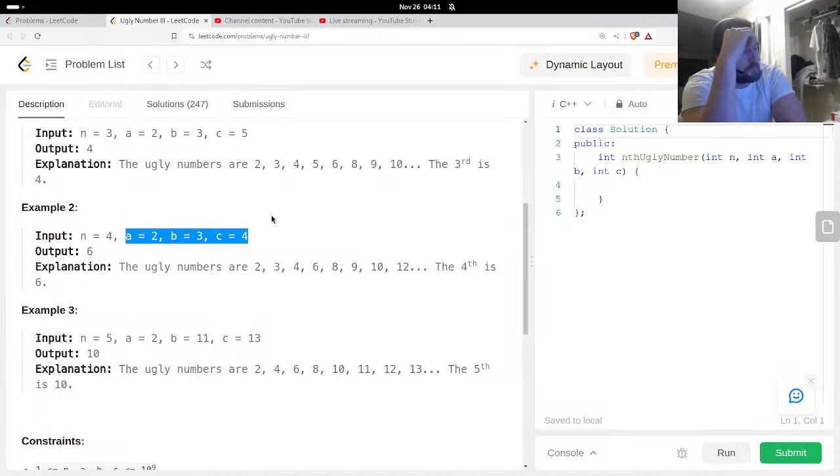The problem is figuring out what's the next number that shows up in these multiples.